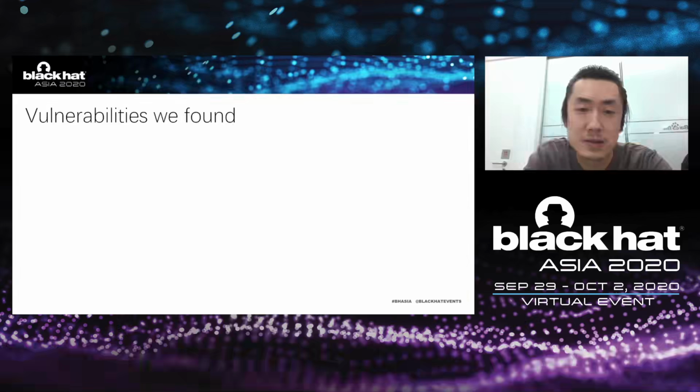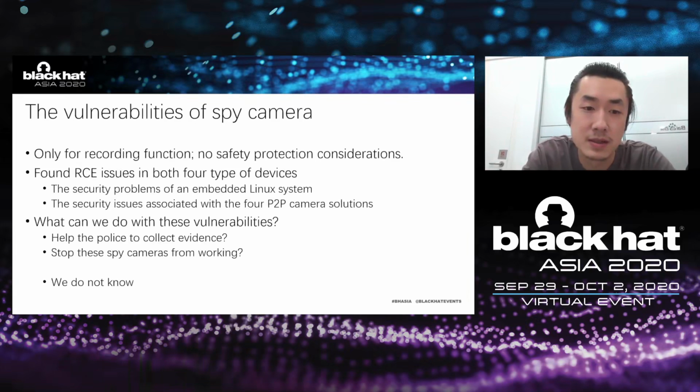Okay, here let me introduce some vulnerabilities that we found. Like analyzing other IoT devices, let us analyze the vulnerability of spy cameras. These devices are typically for video recording only, without considering security protection. Hence, there are several security issues.